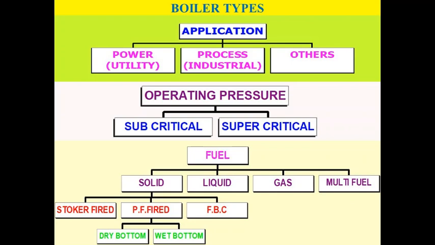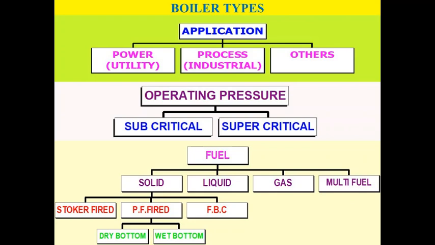For solid fossilized fuel, there are different boilers for firing solid fuels. Mostly we prefer the pulverized fuel fired system, where we can have a dry ash collecting device or a wet ash collecting device at the bottom of the furnace.